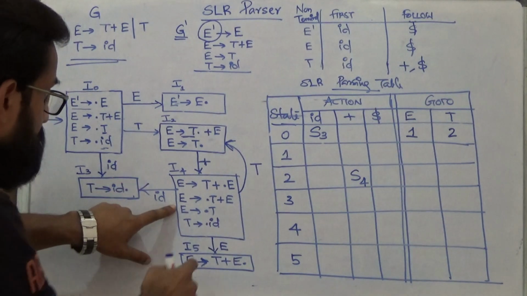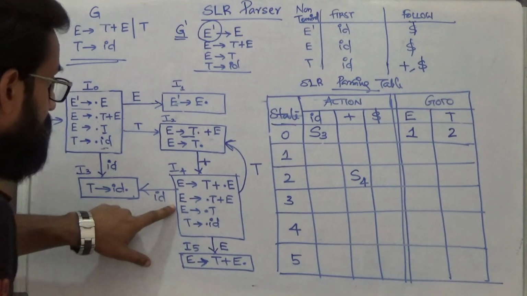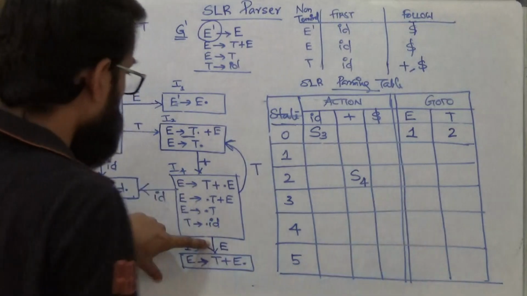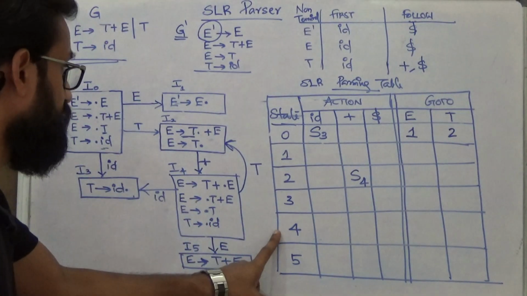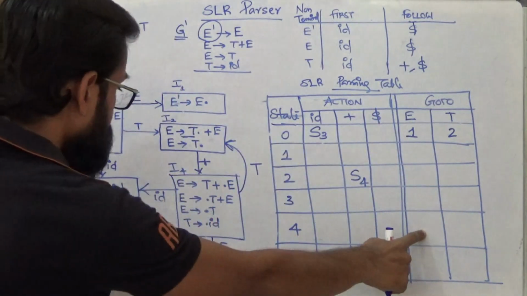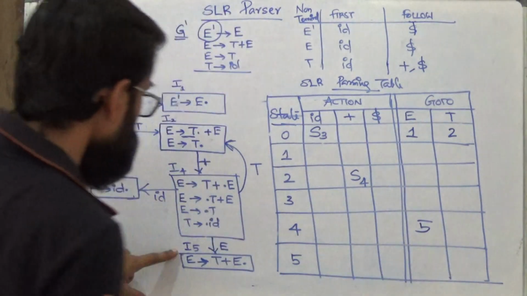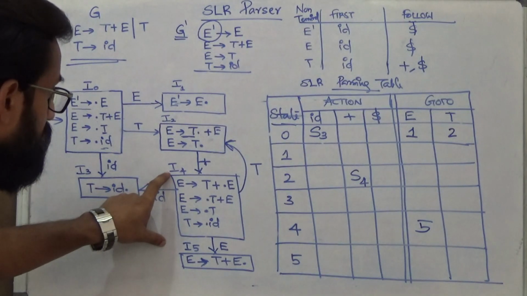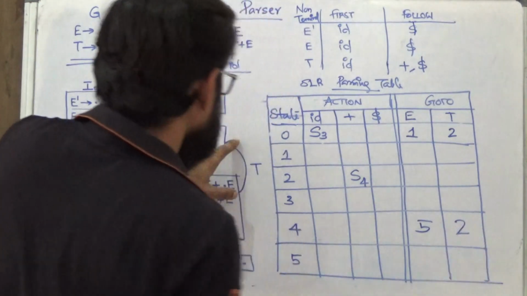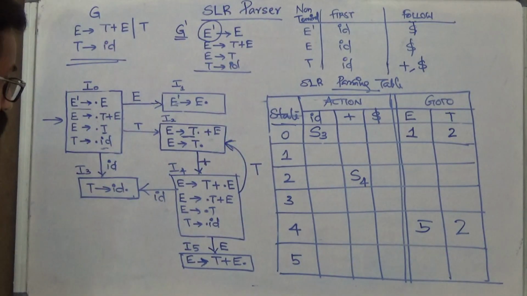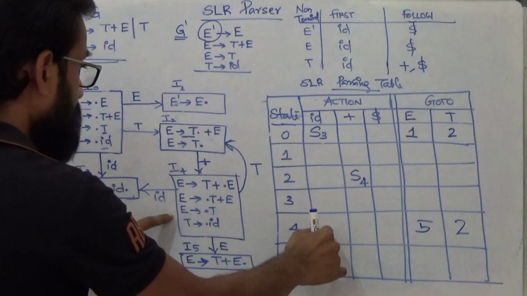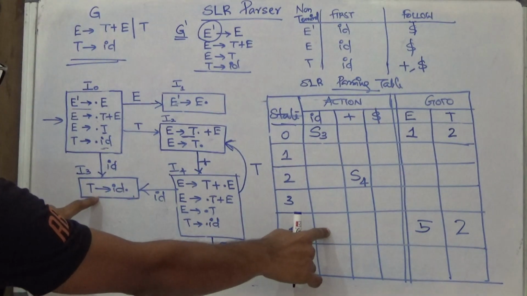State 4 is having transition corresponding to E, T and ID. So if I take E, it is a variable. So you have to create entry in goto part. So corresponding to state 4, for non-terminal E, go to 5. Corresponding to state 4, for non-terminal T, go to 2. Now corresponding to terminal ID from state 4, you are going to state 3.